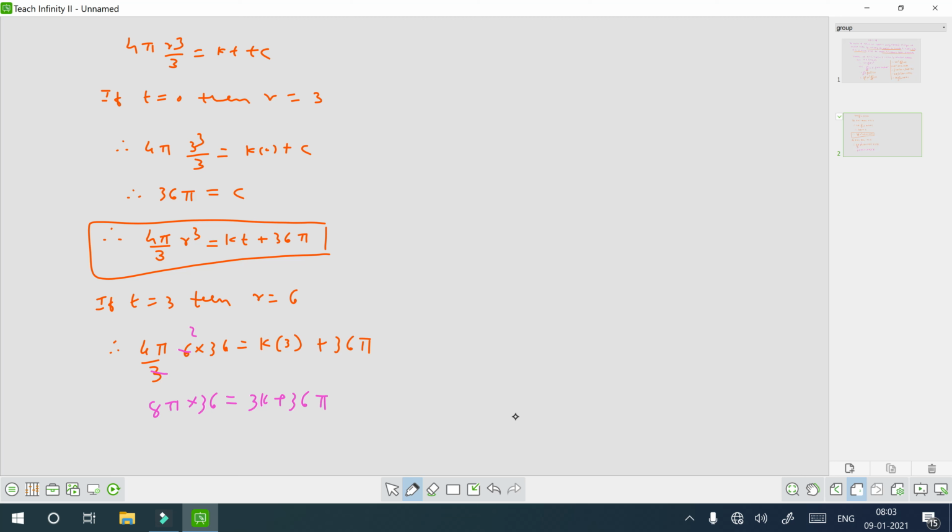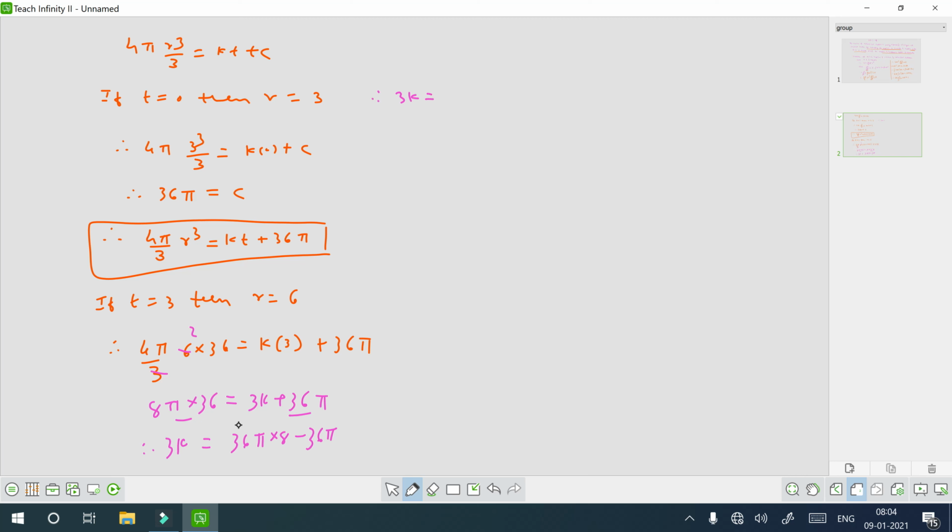Now, 3k is equal to 288 pi minus 36 pi. Yes or no? Yes. Take this quantity on the left hand side and make 3k the subject.